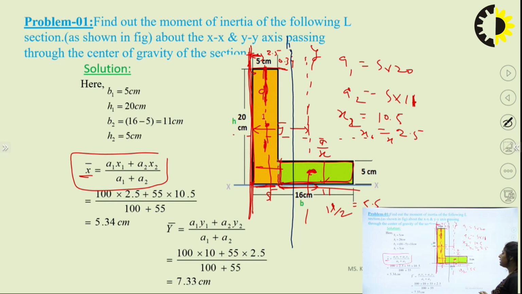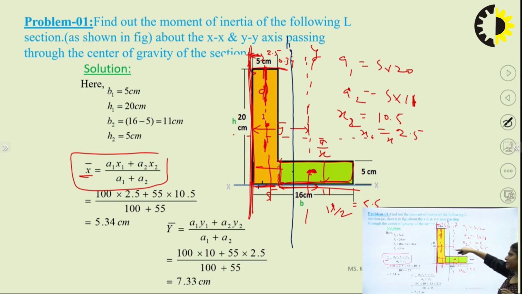Okay, where does it lie? Simply for this, see, the CG of this section. a1 y1, for this the total is 10. I need to find out the value of CG.